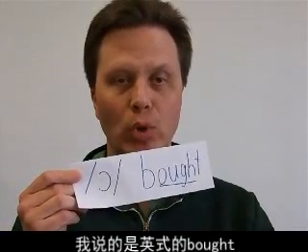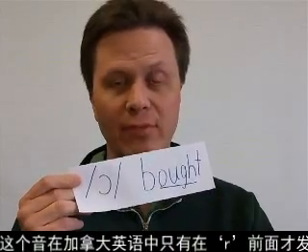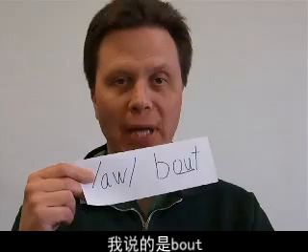Now the next one. "Bolt." I said this one, "bolt". So this is a vowel, remember, which in Canadian English you only have before R. Ready for the next one? "Bout." I said this one, "bout".